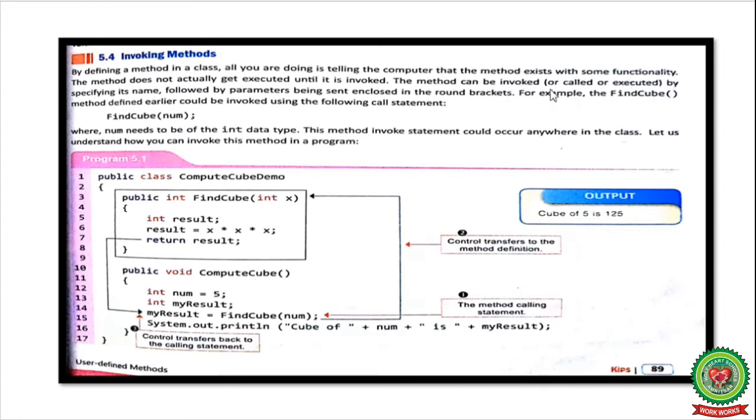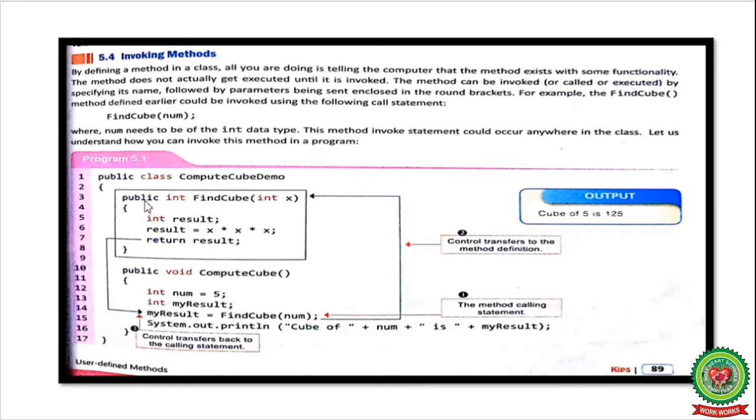The method can be invoked, called or executed by specifying its name followed by the parameters being sent, enclosed in round brackets. For example, the findCube method defined earlier could be invoked using the following call statement: findCube(num). Students, let us understand it with the help of program 5.1. Here, public class ComputeCubeDemo. This is your class name. Then inside the class, you are going to create a method.